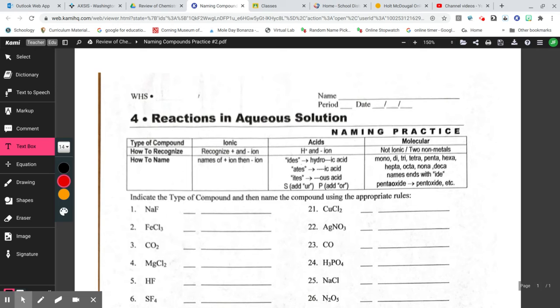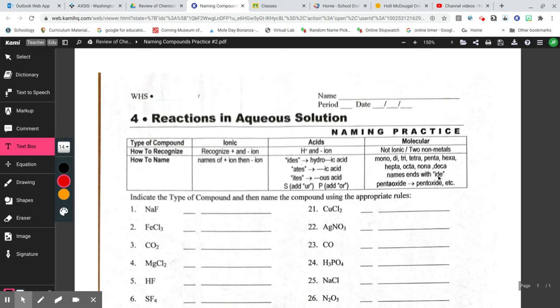So, with molecular compounds, remember they're not ionic compounds and you do not want to use the ion list. How you know you're working with molecular compounds is that they have two nonmetals. Sometimes you may have a semi-metal thrown in there, but that's not the same as a metal for an ionic compound. This is when you're going to want to use those prefixes mono, di, tri, and so on.